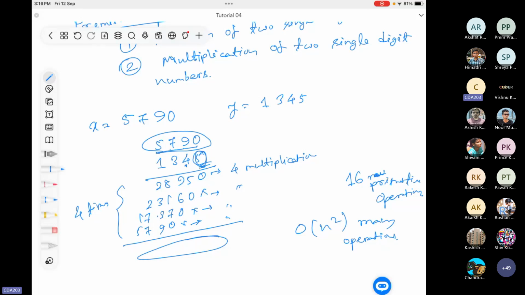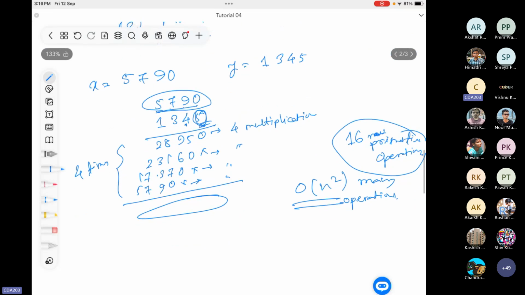Okay. So why is it order? Why is it not actually 16? What I'm saying is that it should be a little bit more than 16. And in order notation, I am just writing order n square, just to clear that doubt. Because in 16, you can see that there would be some additions we do in each step. We will do these additions also.